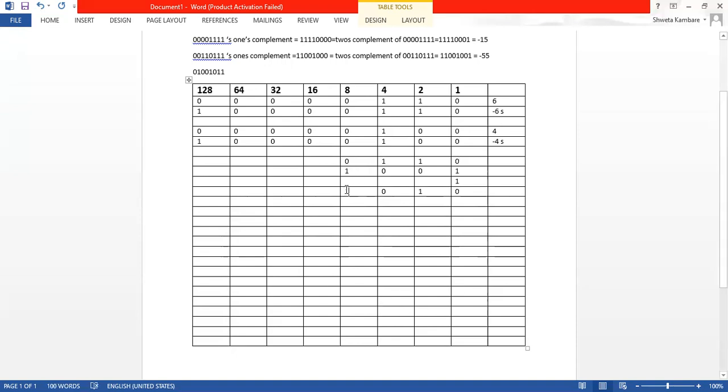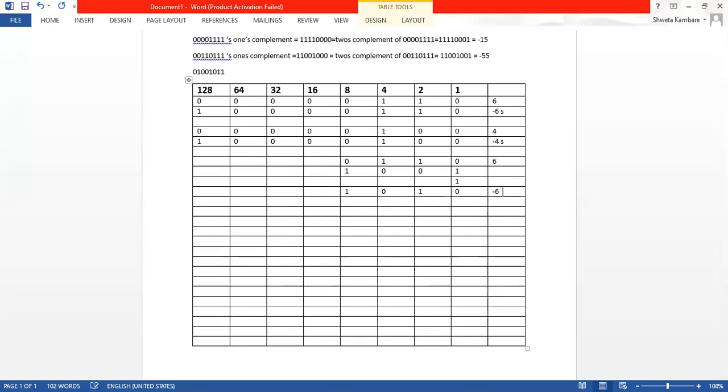So this is the 2's complement of 0 1 1 0, which is 1 0 1 0. So this is actually minus 6. This is your plus 6 and this is your minus 6.